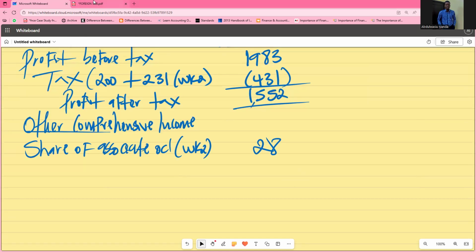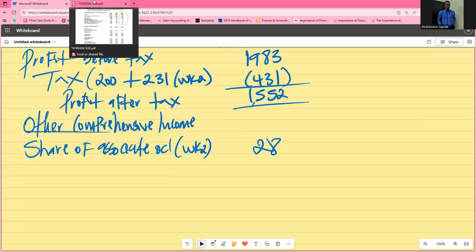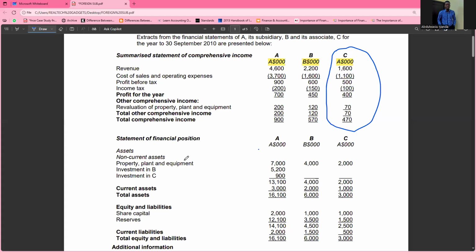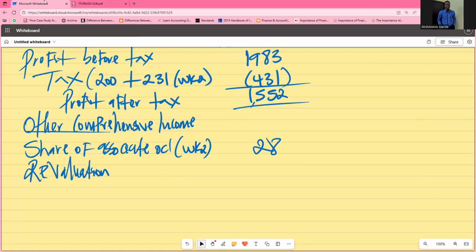Then I can even work now. One thing that we can do is the revaluation gain. You can see now that the parent is having 200, so it's going to be 200 plus your working two.